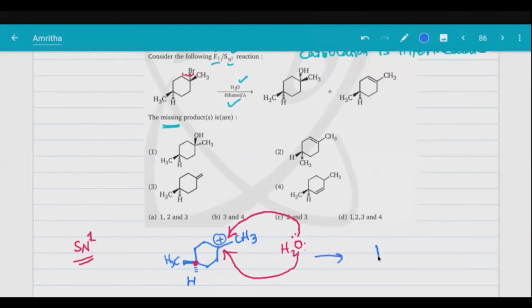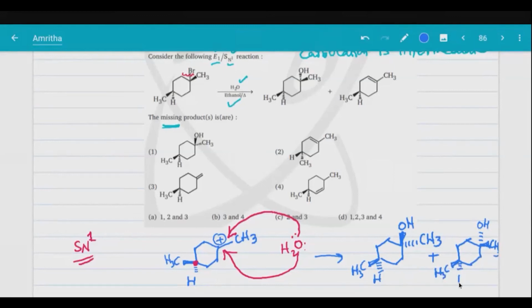I'll write both, both are possible. OH here, CH3, and this is H because the carbocation is planar, right? And this is down OH, up CH3, and there is CH3, and there is H.